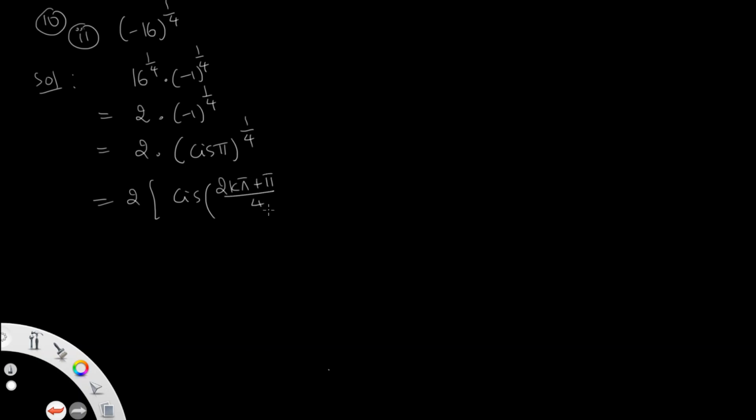Why? Because the fourth root of 16 becomes 2, and (minus 1) whole to the power of 1 by 4 you have to find. So 2 into minus 1, whose cis form is minus 1 equals cis pi. So to the power of 1 by 4, that is 2 into cis of (2k pi plus theta) by n, where n is 4 and k equals 0, 1, 2, 3.